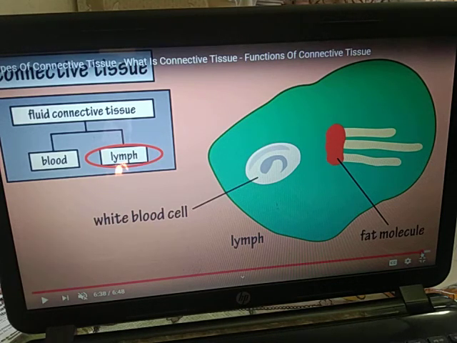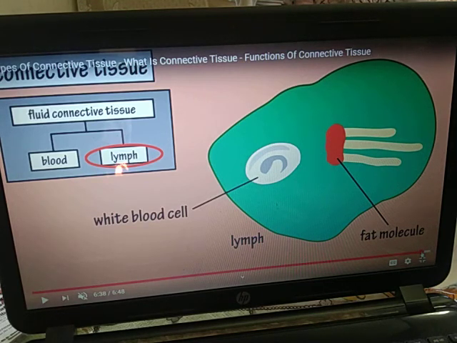That is called interstitial fluid. That particular fluid present outside the blood vessel is called lymph or interstitial fluid. It is collected by vessels called lymphatic vessels, and that leads to the formation of the lymphatic system.